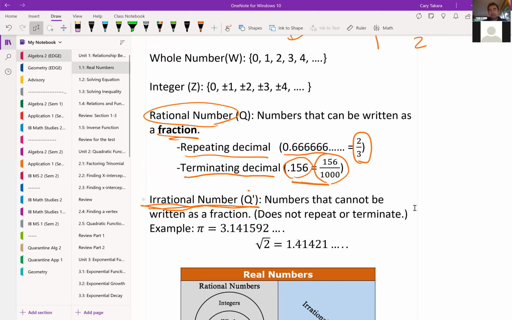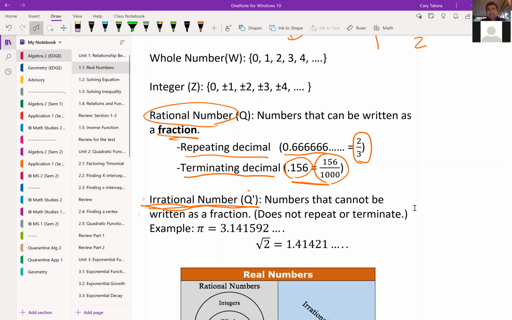So irrational numbers are anything that is not rational. It cannot be written as a fraction. It does not repeat. It does not terminate. So in other words, it's a decimal that goes on and on forever without a repeating pattern.